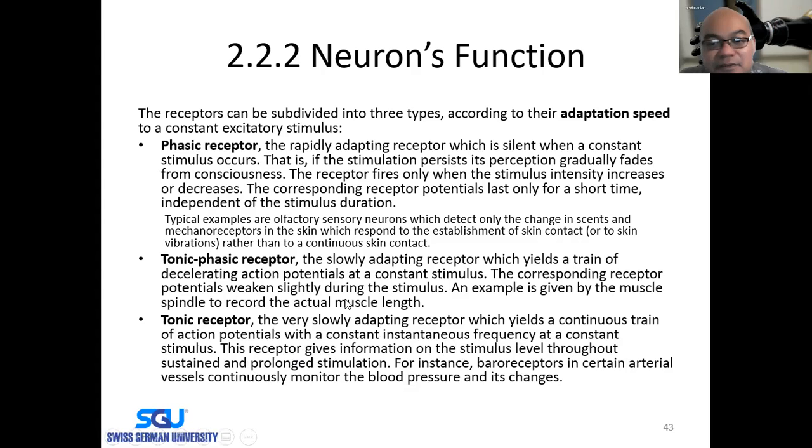For instance, the baroreceptors in certain arterial vessels continuously monitor the blood pressure and its changes, so that they can give a signal to the nervous system and then to the heart to pump the appropriate pressure to the blood vessels.